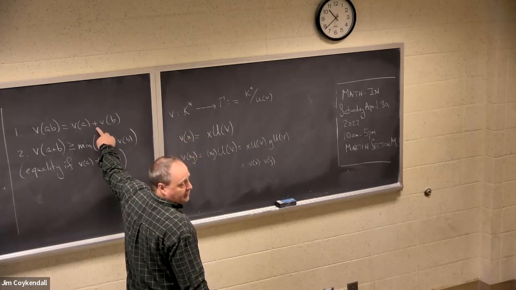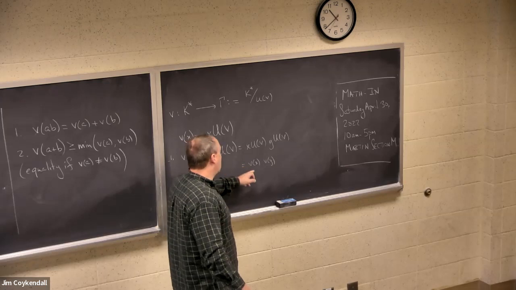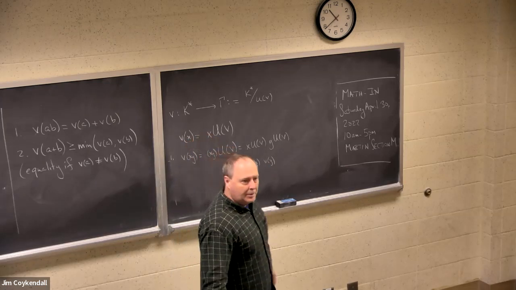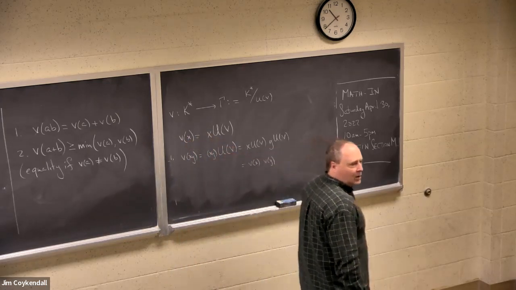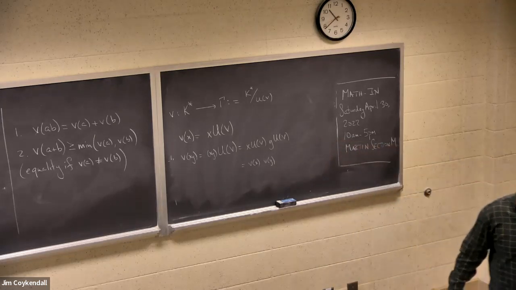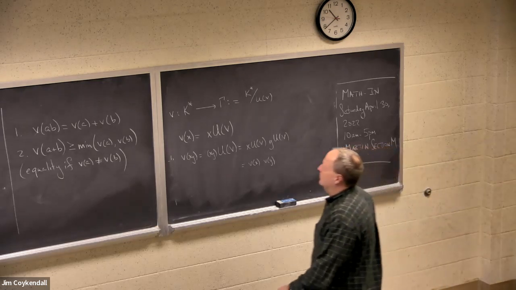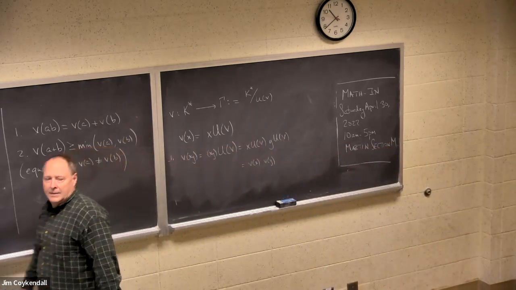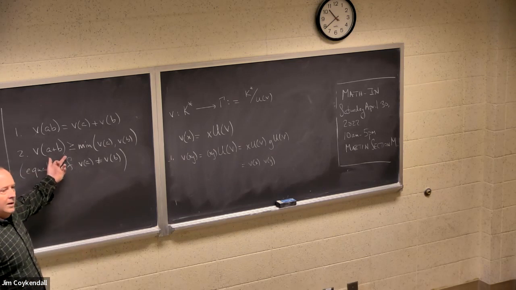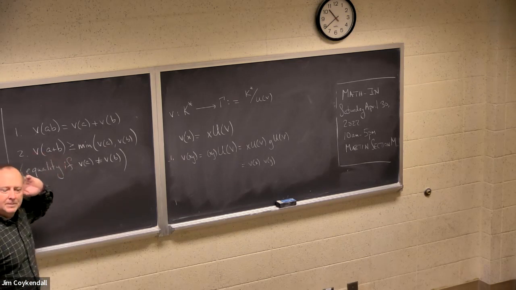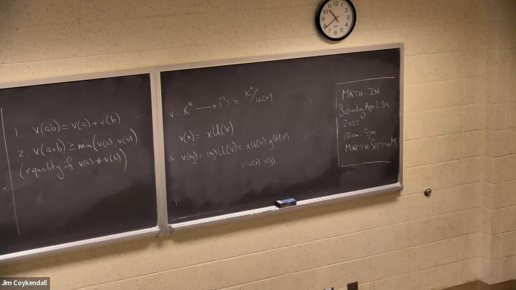We write plus here to emphasize this is an abelian group, and this is a homomorphism of abelian groups. The problem is I wrote my cosets multiplicatively, but this satisfies this condition right here. See if you can get the same. Okay, any questions?